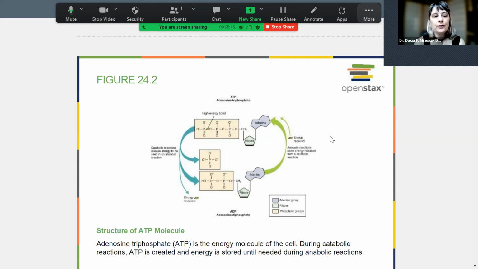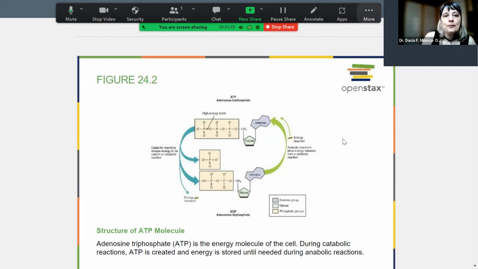Our cells use adenosine triphosphate to create the energy needed for their metabolic needs, whatever the cell needs. For example, during catabolic reactions, breaking down larger molecules into smaller molecules, energy is released and ATP is created. ATP is going to be the major energy storage until any kind of buildup is needed.